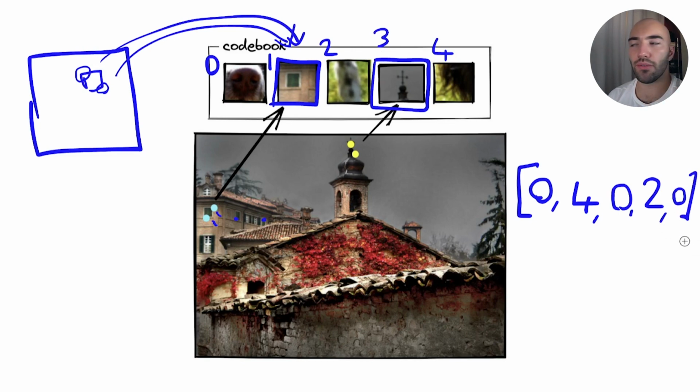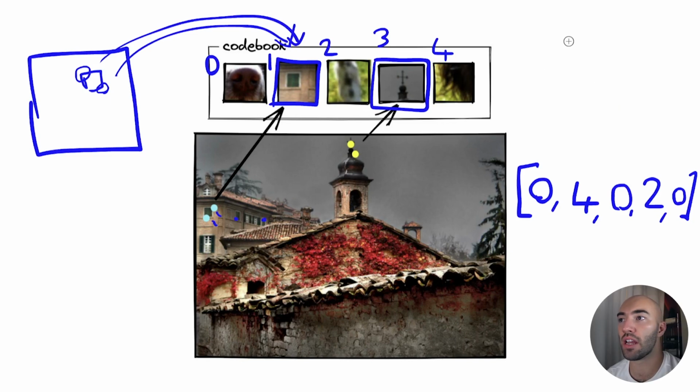Okay. So what we've done just there is we've gone from representing this image with a very large number of visual features. So 128 dimensional. And also there were 6 of them in this image. In reality, there'd be a lot more. Okay. So quite a few values there. And then we've compressed it down into this 5-dimensional sparse vector.